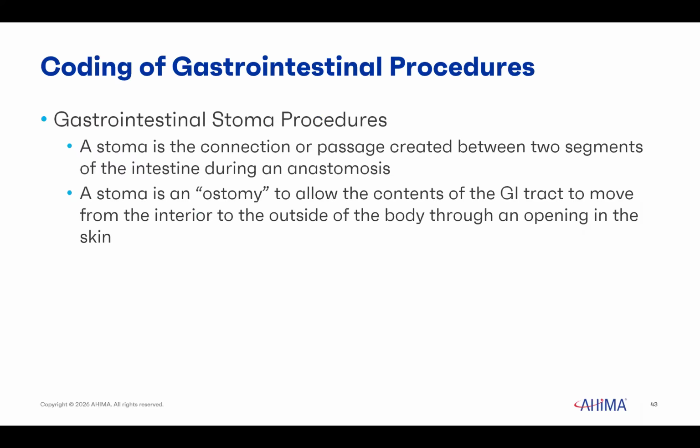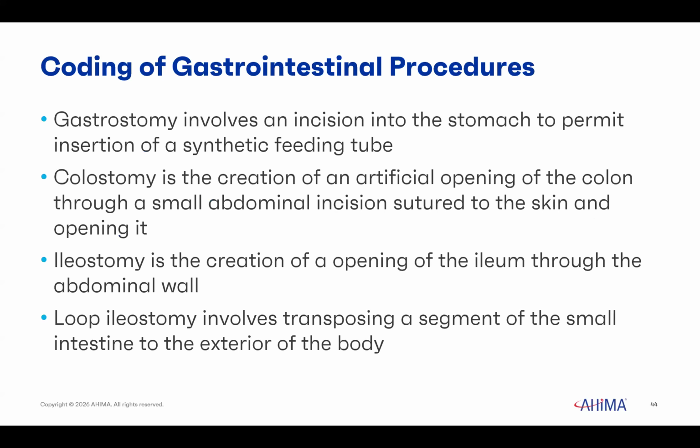In regards to stoma procedures, a stoma is surgically created that allows GI contents to leave the body. Please read this section in your textbook that explains these procedures under the gastrointestinal stoma procedures. Now we have different types of ostomies: the gastrostomy, colostomy, ileostomy, and loop ileostomy.